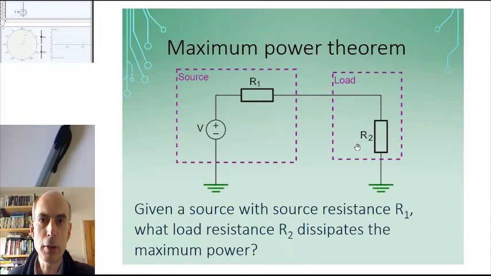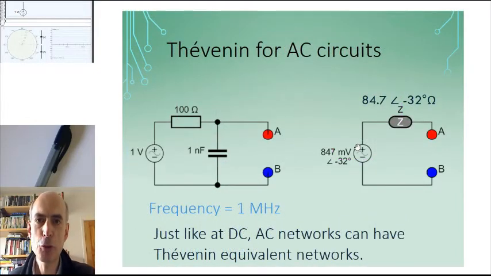So, how does this apply to AC circuits? Well, it's almost the same, but not quite. First, I just want to remind you that you can apply Thevenin just like you can apply any of the theorems and formulas we derived for DC circuits to linear AC circuits with sinusoidal sources.